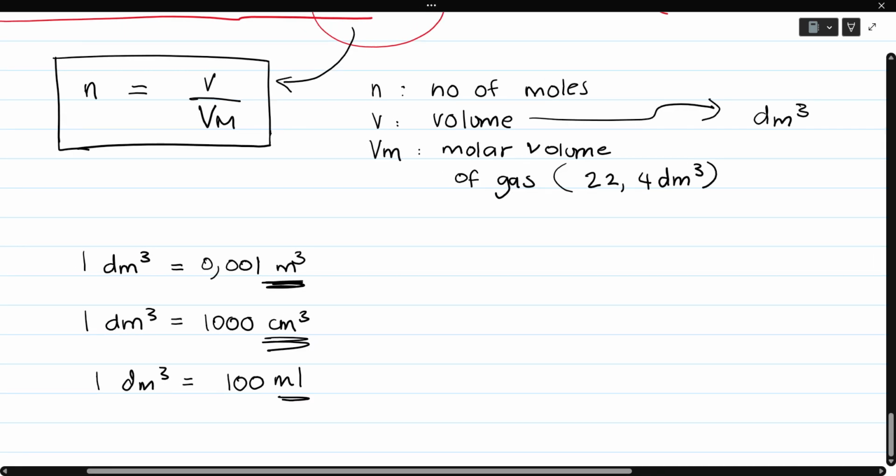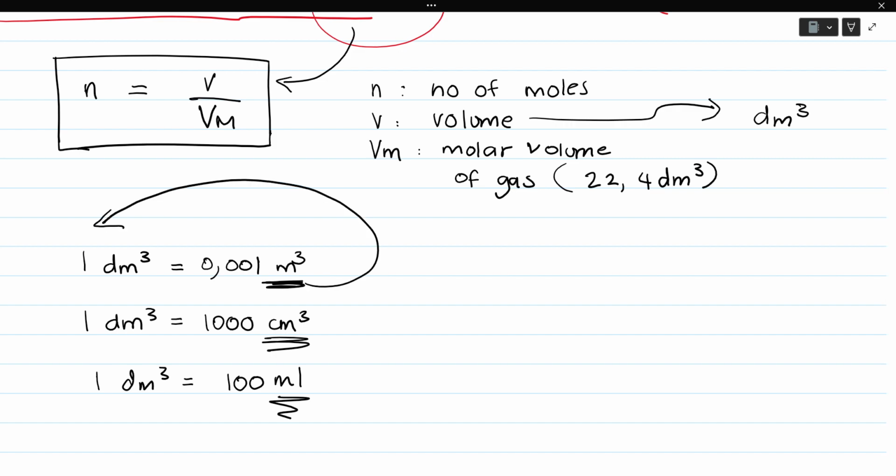So in case they give you any value in meter cubed, centimeters cubed, or milliliters, you have to convert that to decimeter cubed.